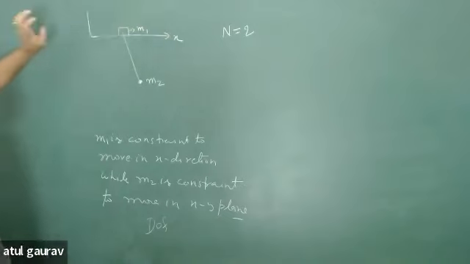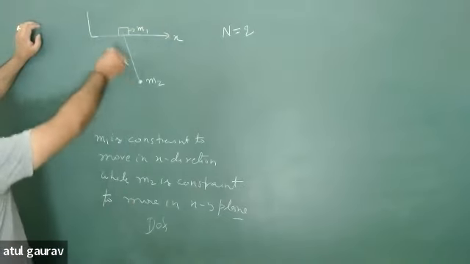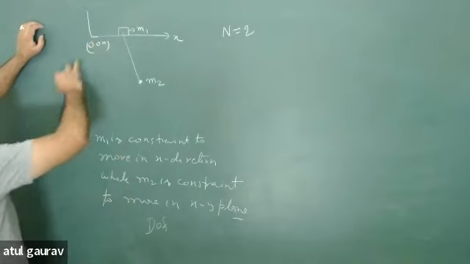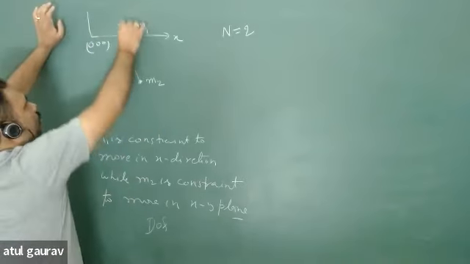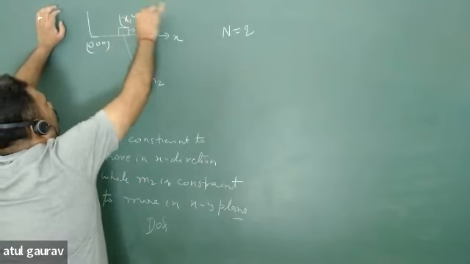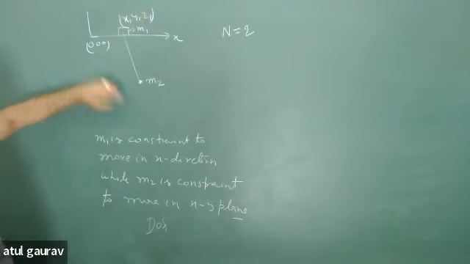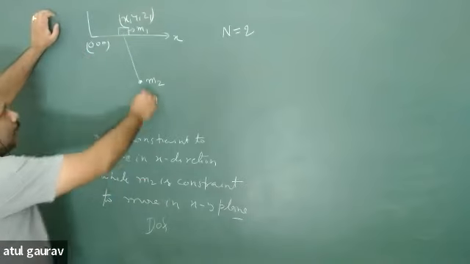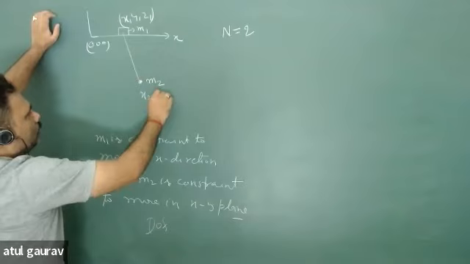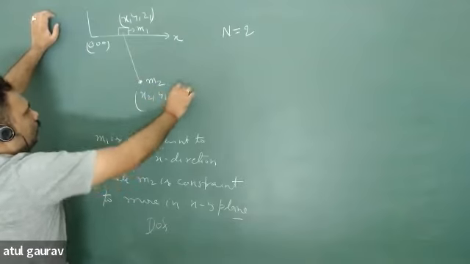The origin must be a fixed point, so I can take this as my origin. If this particle is free, I can take x1, y1, z1, where 1 is the suffix for the first particle. And if this particle is free, I can write x2, y2, z2.